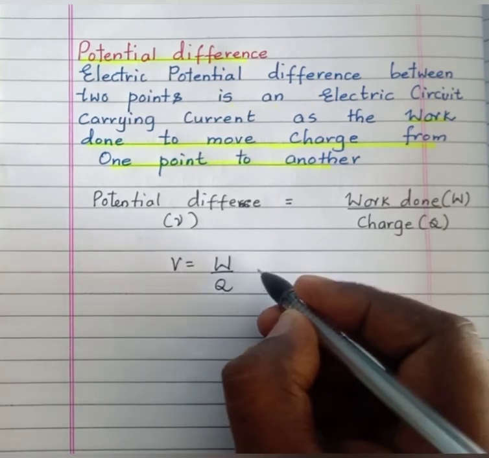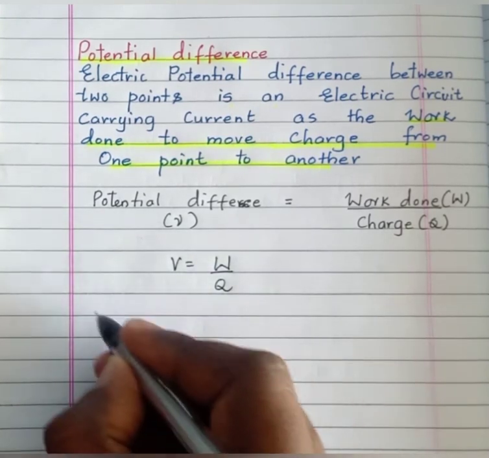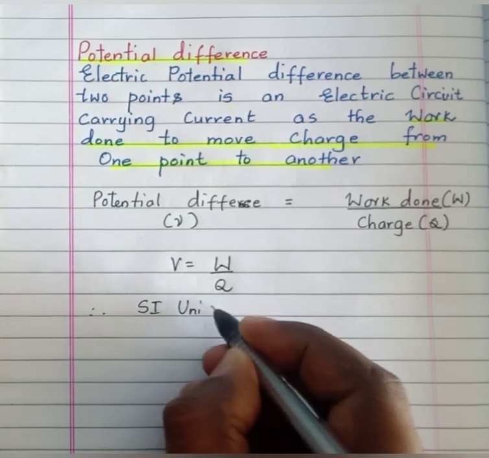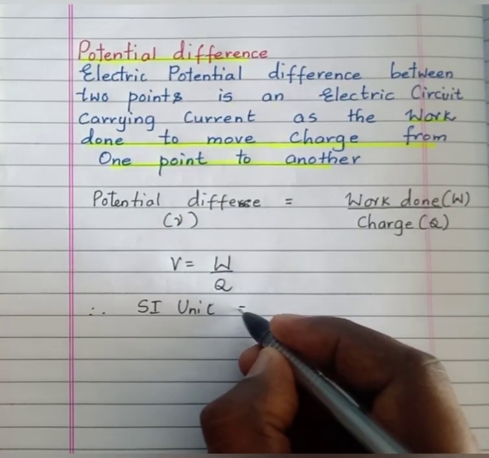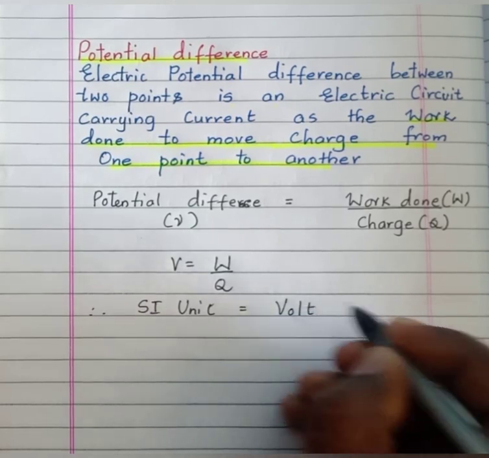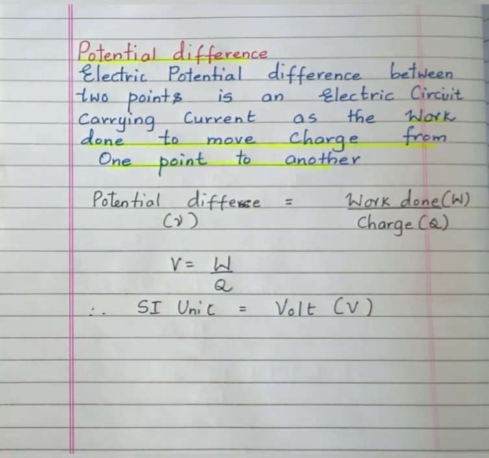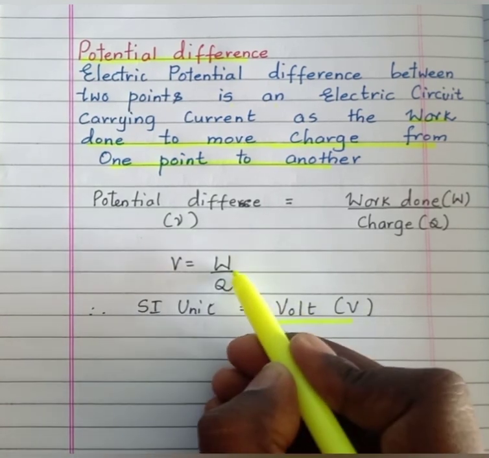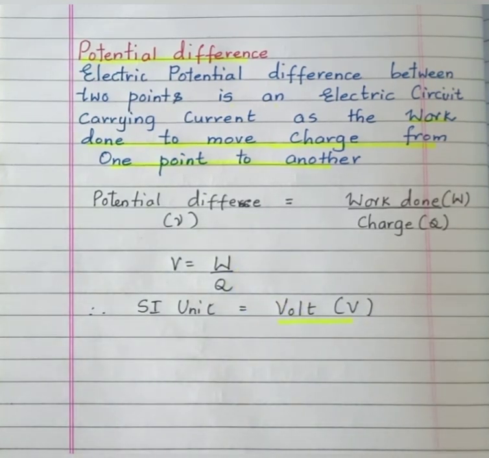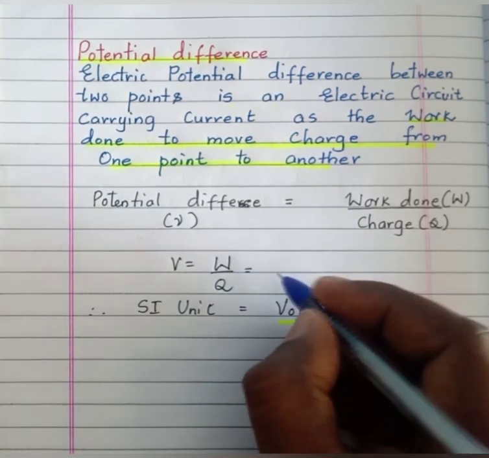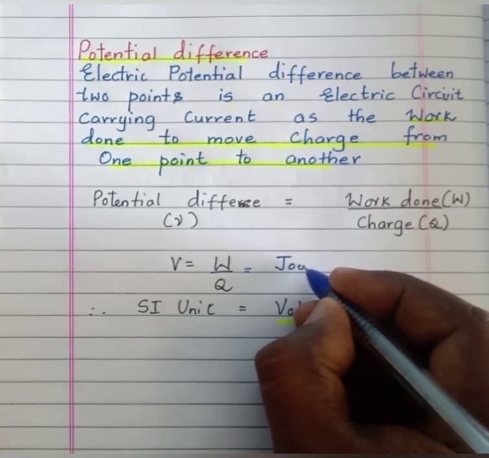Now, what is SI unit of potential difference? SI unit of potential difference is volt, VOLT. We denote it by capital V. Therefore, if we define 1 volt, it is 1 joule of work done in moving 1 unit charge.